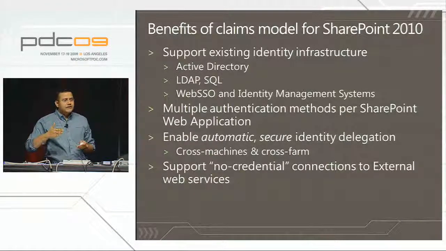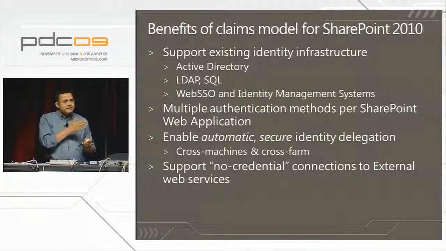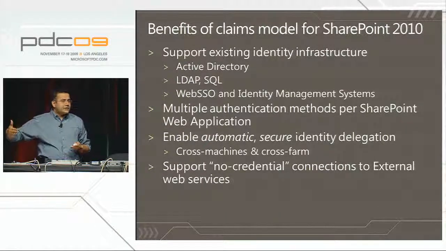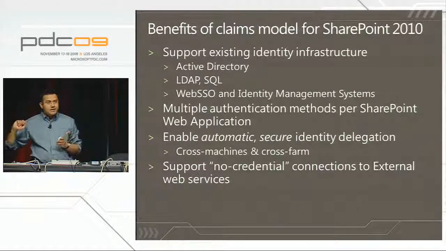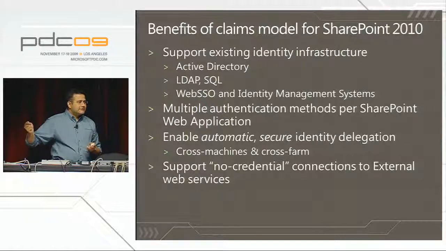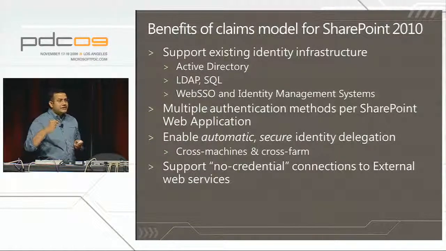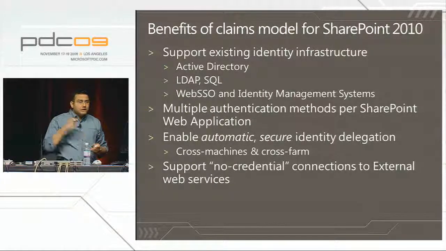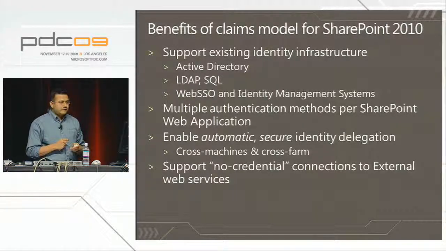There are no real credentials being asked for again. It's like a single sign-on all the way to the back end. And in fact, even after the back end services, let's say there's an external service that is claims aware, that is SAML aware, then you will be able to forward along the same token and retrieve the external service's data as well and display it in SharePoint. I'll show you a demo of that as well.